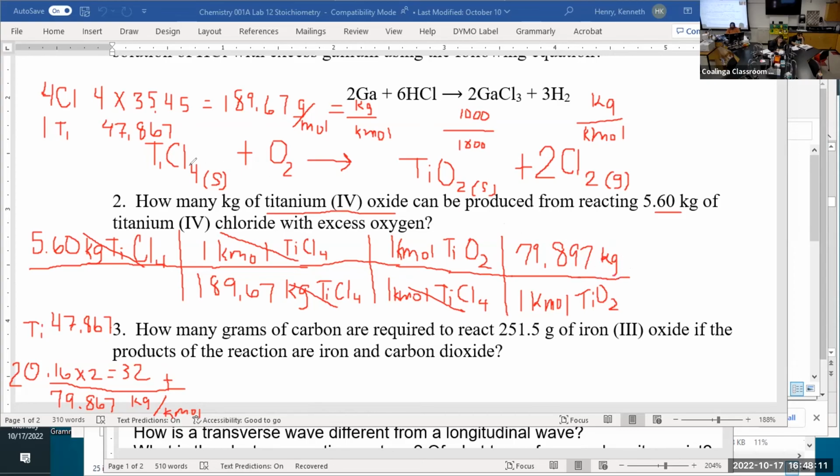Oh, sorry. I'm just making sure you guys are on your toes, that's all. And that's going to give me my kilograms of titanium oxide.